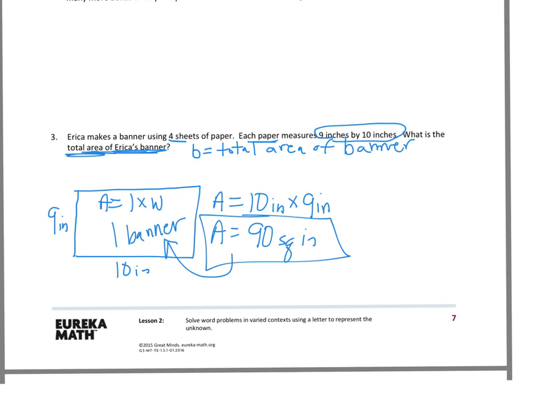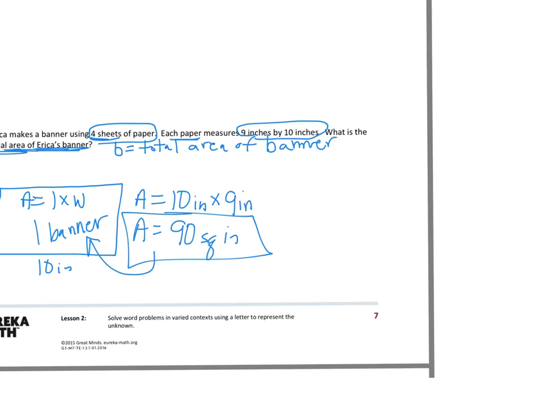Now what I need to do is figure it out for 4 of them. So I'm going to come over and I'm going to use a tape to show this one because it lends to it. And I know that each of these is 90. And I know the total is what I'm looking for, my total area, which is B. So now I can figure this out.